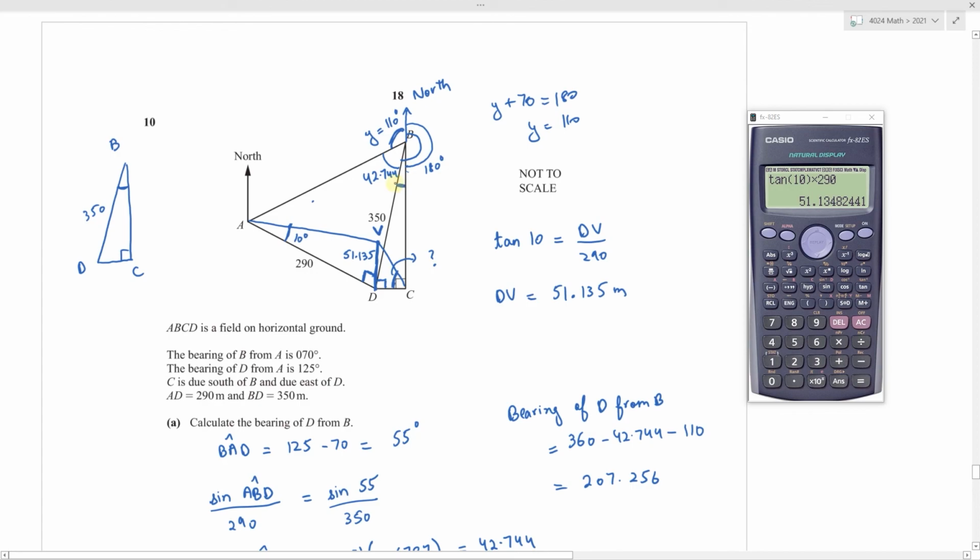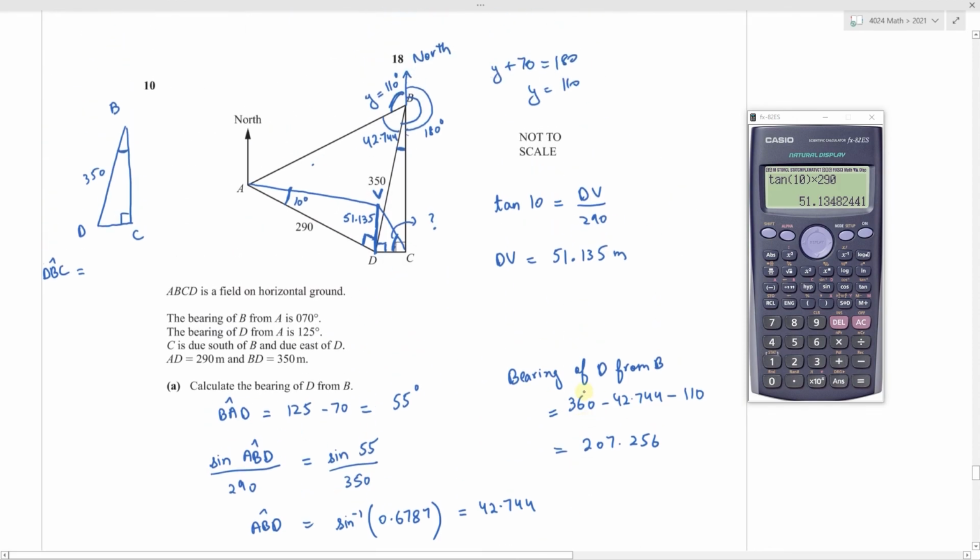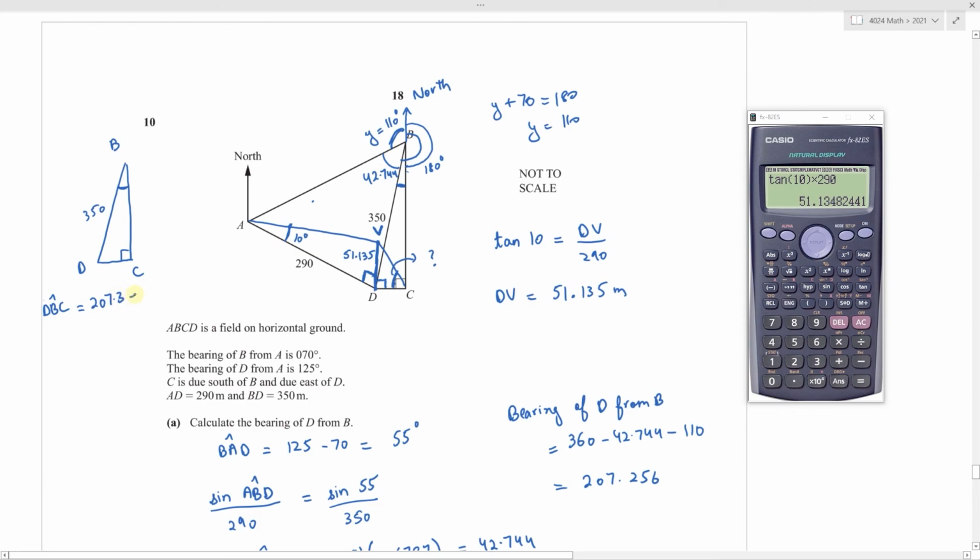So angle DBC will equal the bearing of D from B, which is 207.3, 207.3 minus 180, which is 27.3. 27.3 degrees. So this angle here is 27.3 degrees.